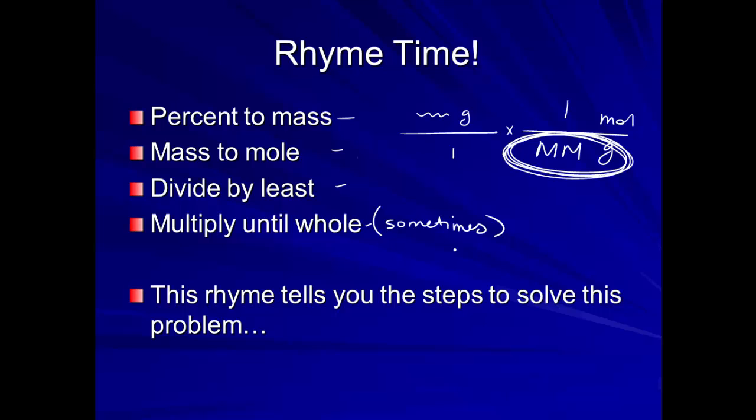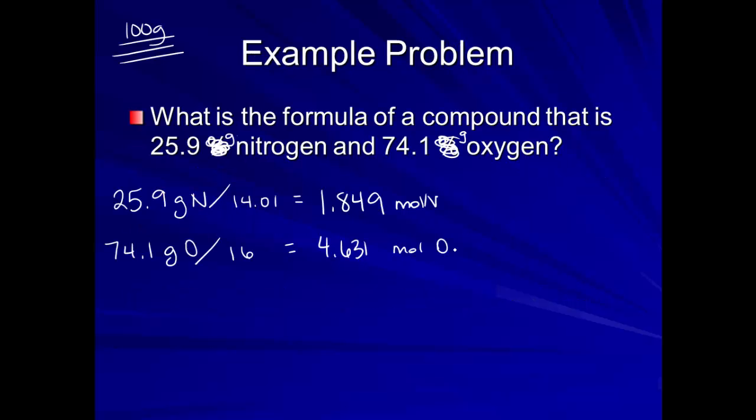You're going to look at all of your mole values and divide all of them by whichever one is smallest. That's what we mean by divide by least. So I'm going to divide both of these numbers by whichever one is smallest, which is the 1.849. I hope you don't type this first one in your calculator. It's 1.849 divided by 1.849, which gives you 1.